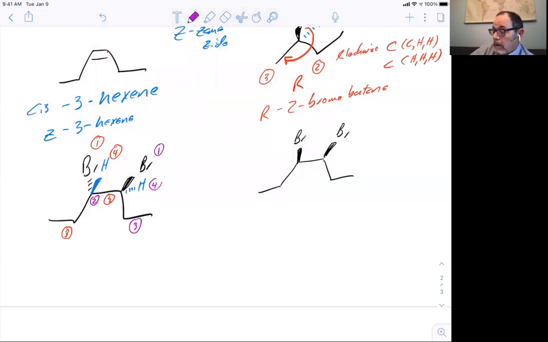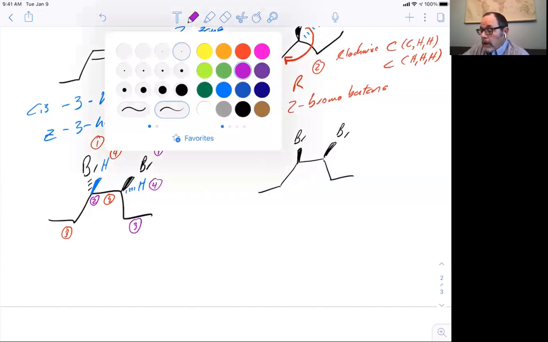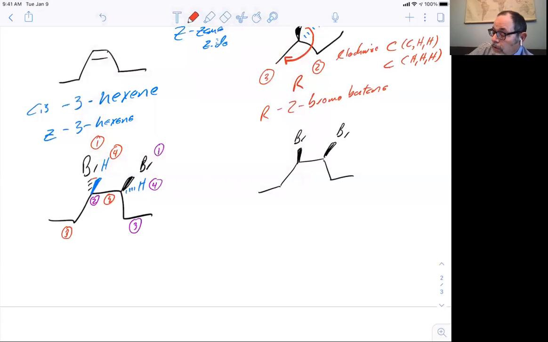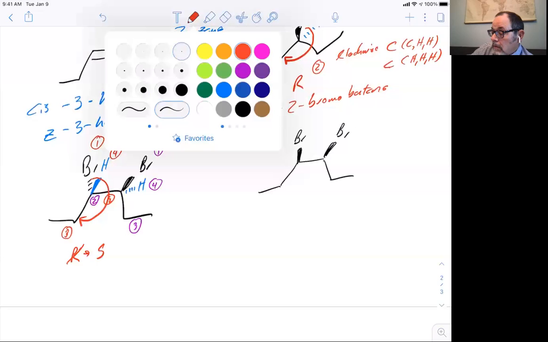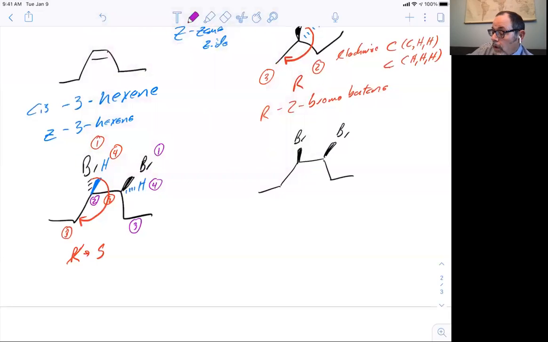So, okay. Looking at the bromine, we go from 1 to 2 to 3. This is in the clockwise R direction, but where's my lowest priority? My lowest priority is forward. So therefore this is not R, this is S. Okay, so this is an S. And then for my bromine, we go from 1 to 2 to 3 in that direction.